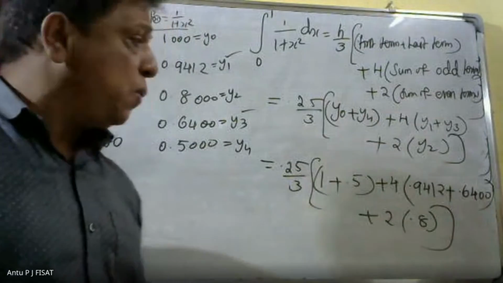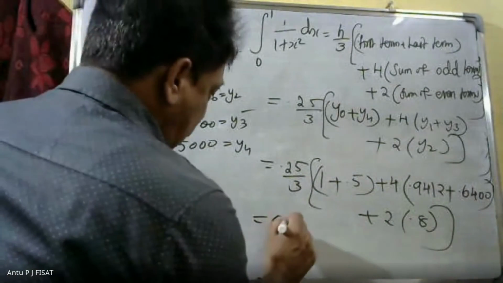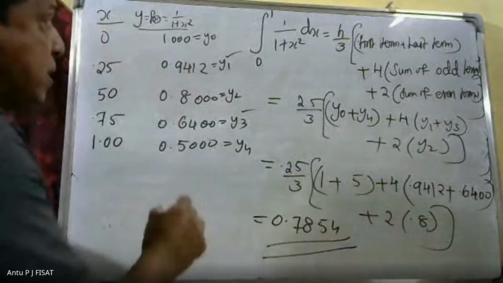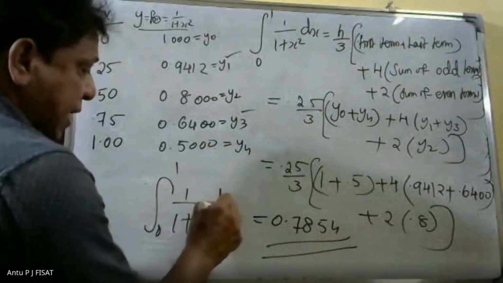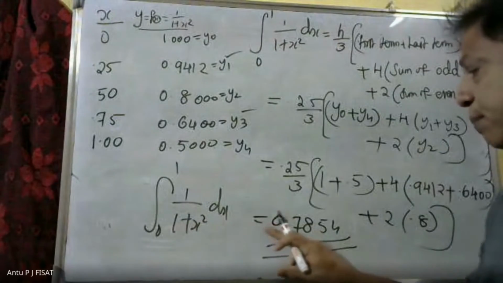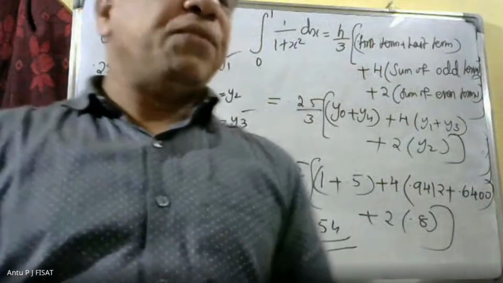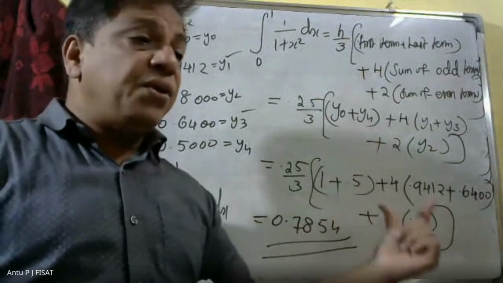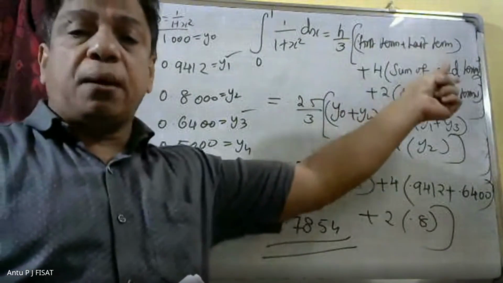Simplifying, you will get the value as 0.7854. The value of integral 0 to 1 of 1 by 1 plus x square dx will be 0.7854. Without using integration, we can easily evaluate the function by using a numerical method.